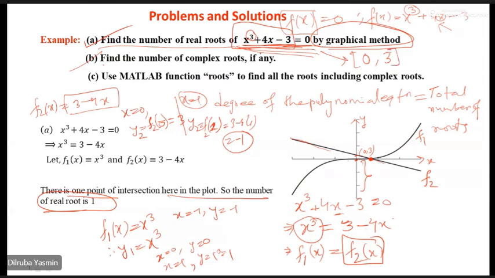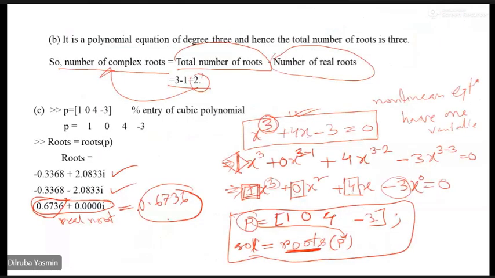So what will be the required answer? In this interval, which root exists? Only this real root.